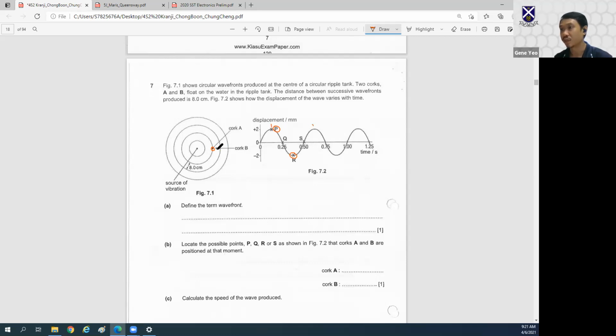So if cork B is in between the wavelengths, it must be at R. So cork A, I would say it is at P, and cork B, I would say it is at R.